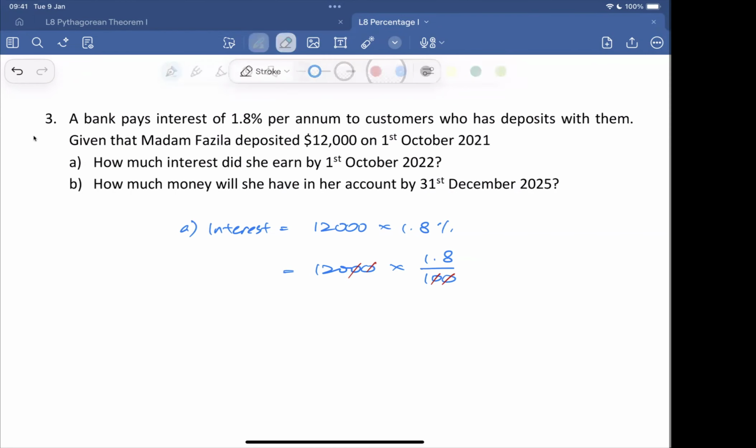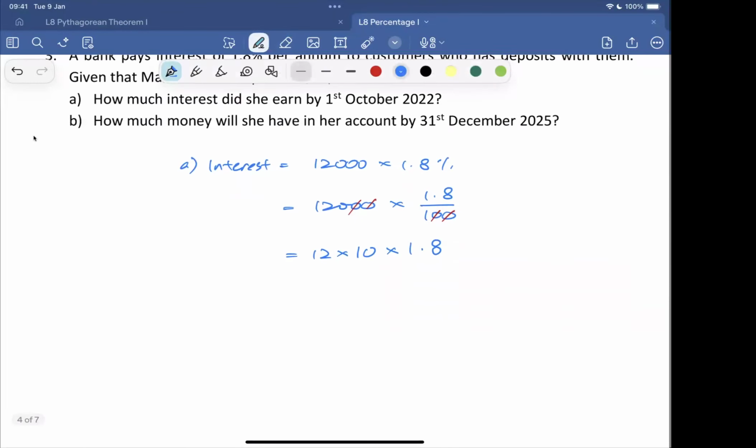Luckily we know that 120 is equal to 12 times 10. What is 10 times 1.8? 18. So now we just need to find 12 times 18, and we will get 216. So that's how much interest she gets.